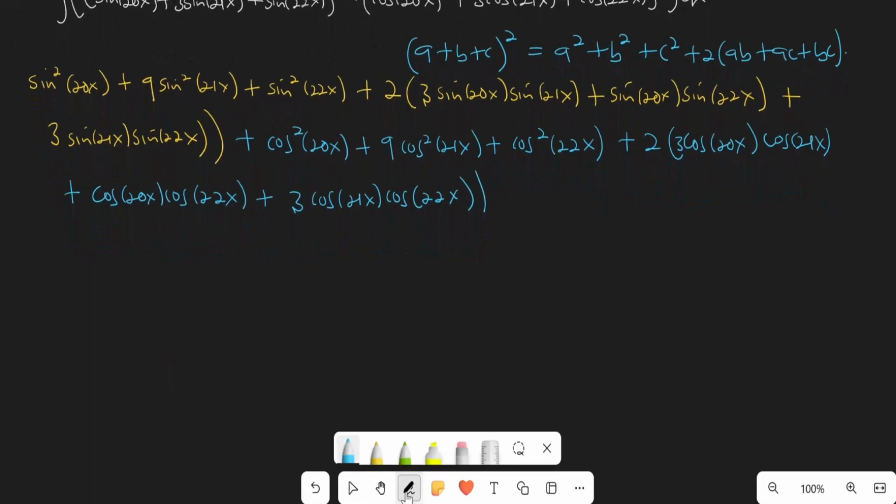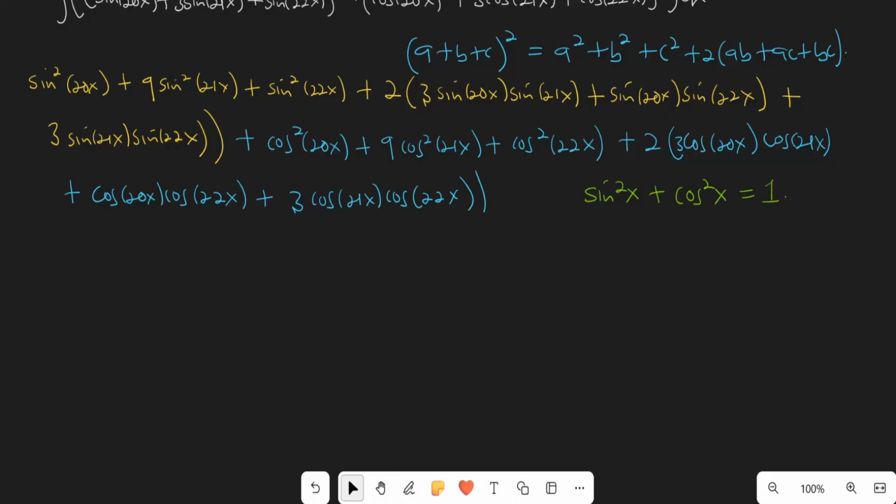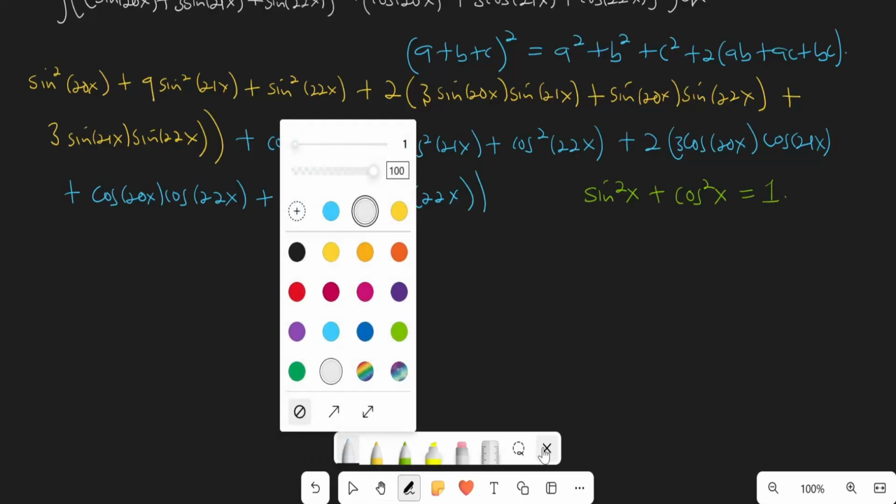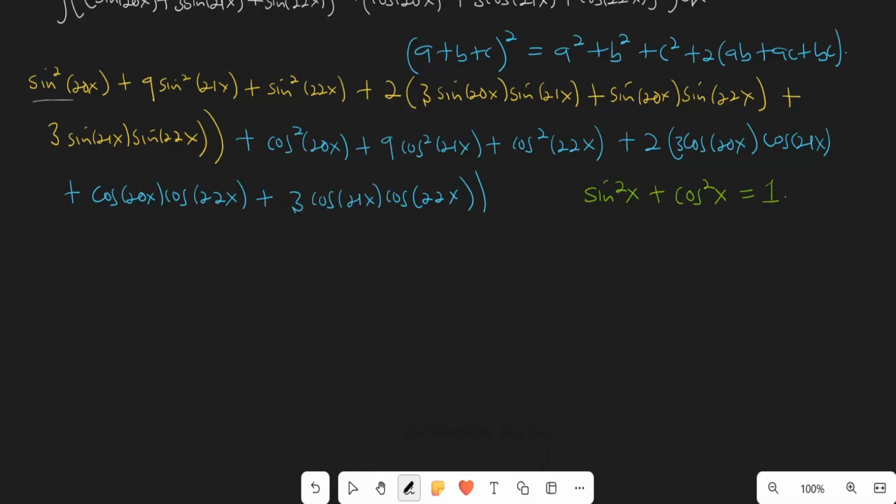And now we have to know the famous identity, the Pythagorean identity, where sine squared of x plus cosine squared of x is equal to 1. So this implies that if you sum sine squared of 20x and cosine squared of 20x, they will sum to 1.